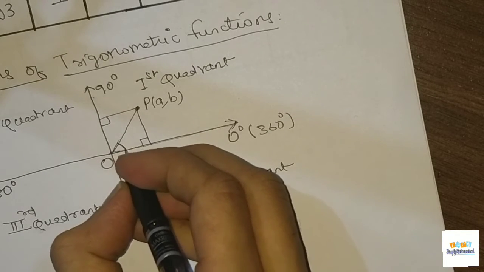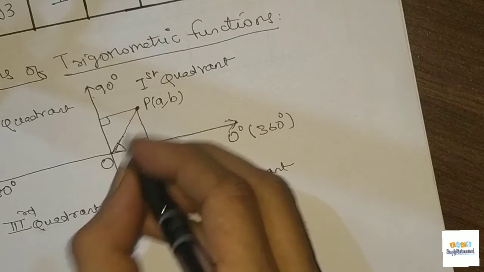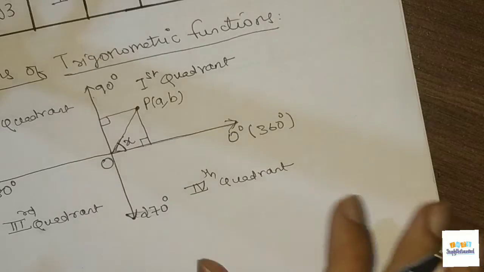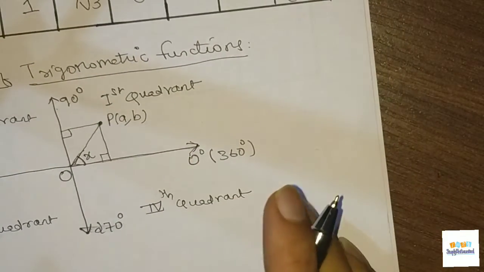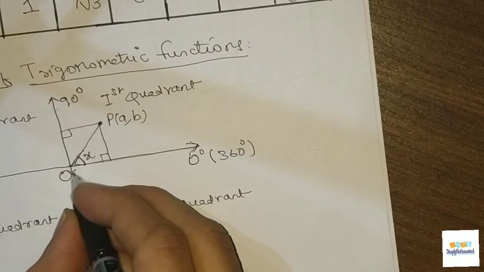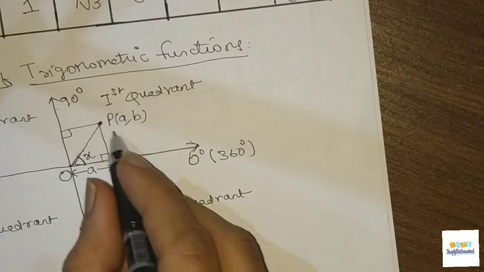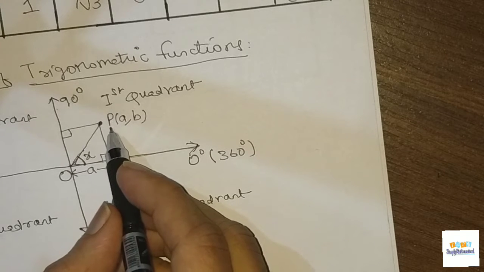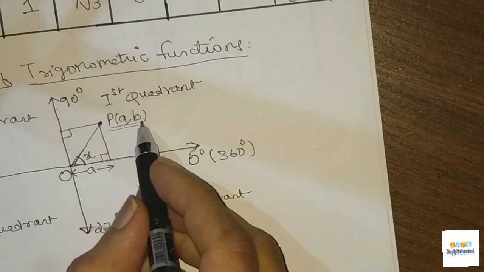Now suppose you have one angle here. Suppose this is the angle which we are looking at and we call it x. Now let us see what will be the sine and cos of this. But before that, you have the distance from this origin to this point, which is A, because of the notation of the point. What is the notation? P(A, B).